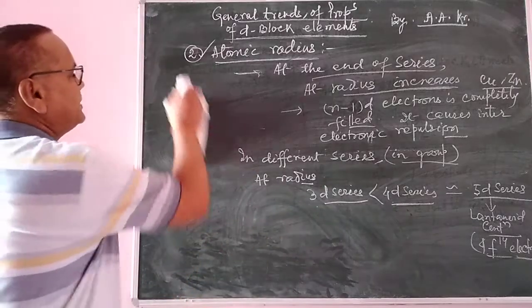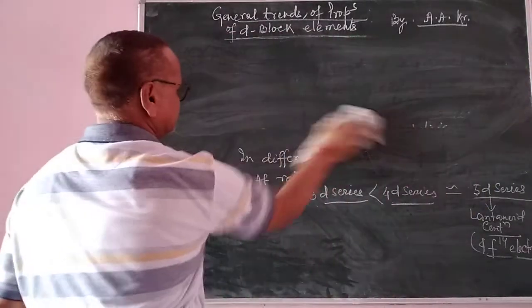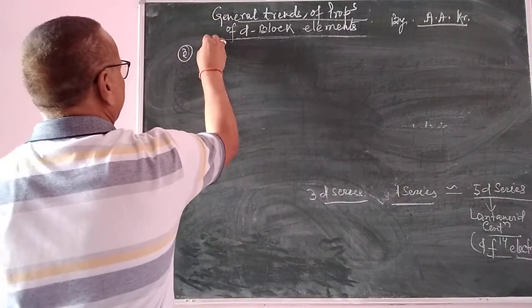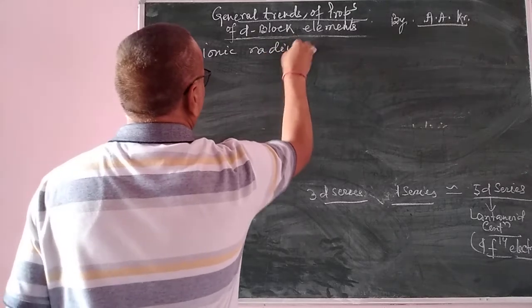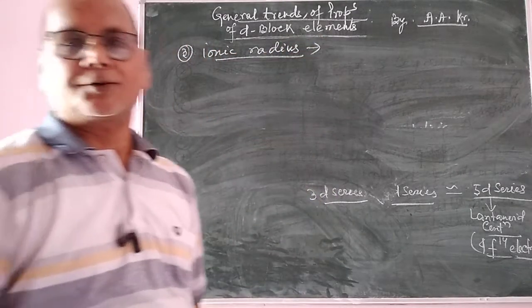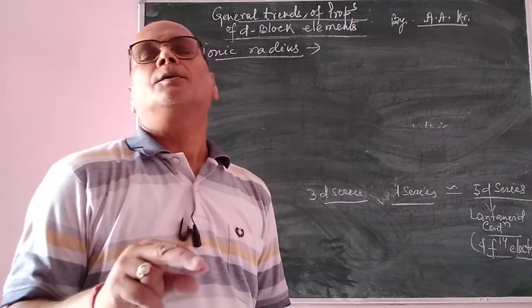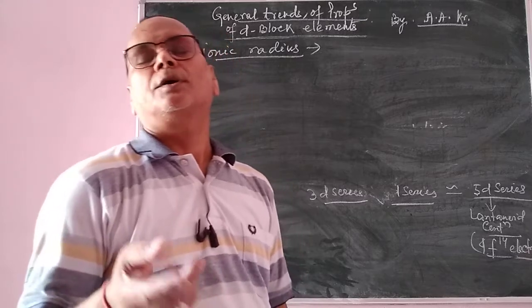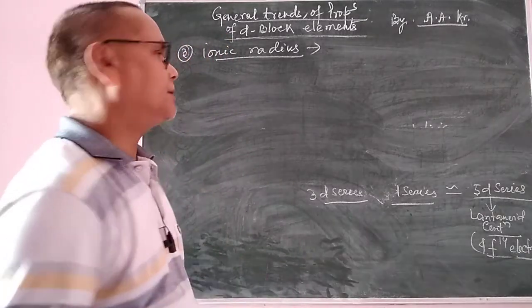Now the ionic radius. Next, the third property, ionic radius. The size of ions, cations, will be smaller than the size of the atom.